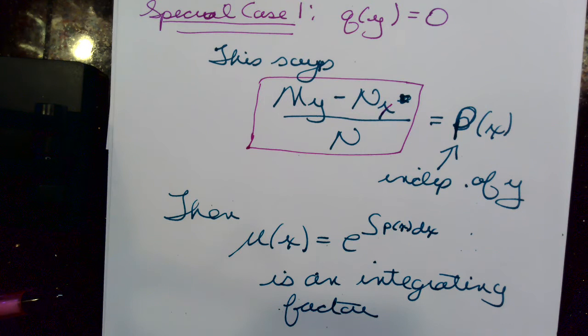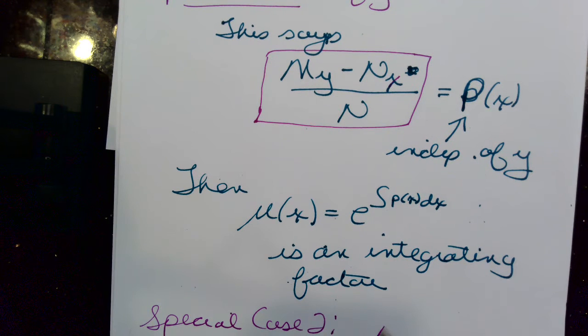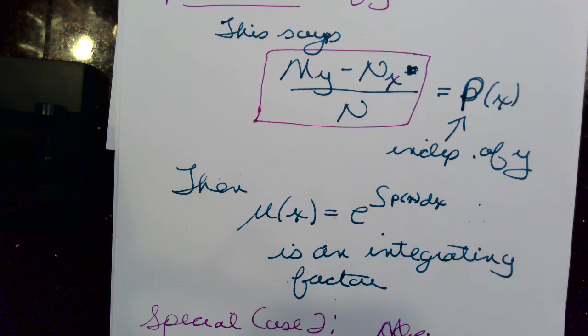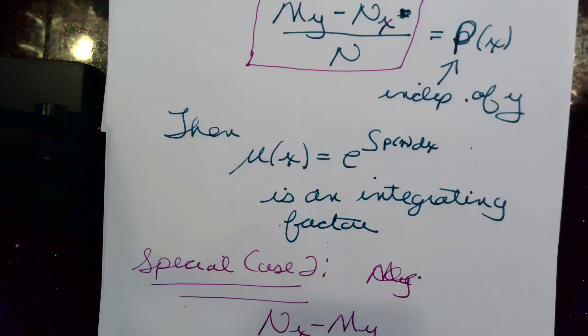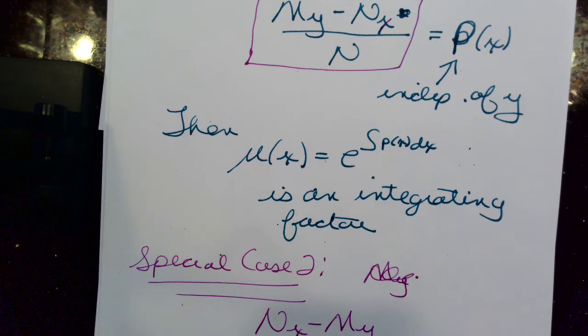Okay. Special case 2. Let me go right to the important case for that. That's where, well, usually it's phrased backwards, n sub x minus m sub y divided by m is independent of x.